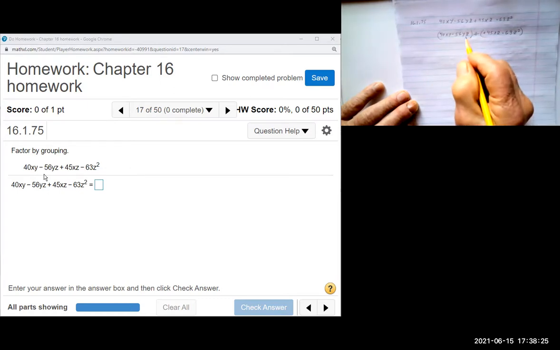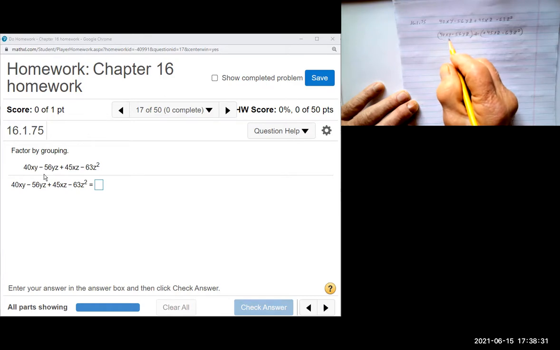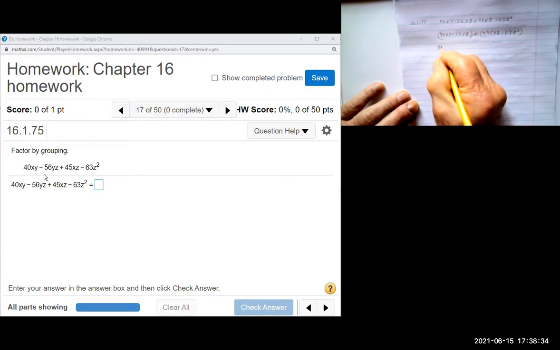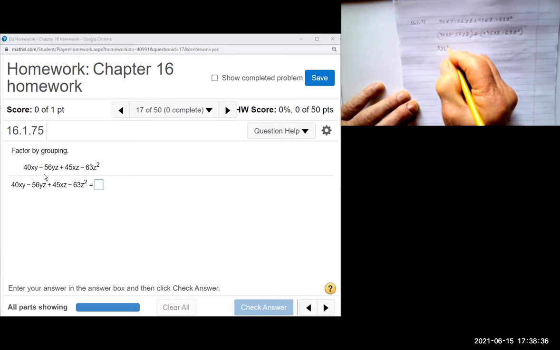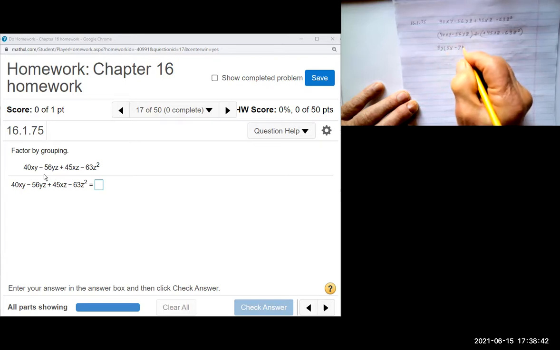Now from the first pair, is there something common? I think 8y is common. So I pull out 8y, I'm going to get 5x minus 8 and 56 is 7. Pull out a y, I'm left with z.